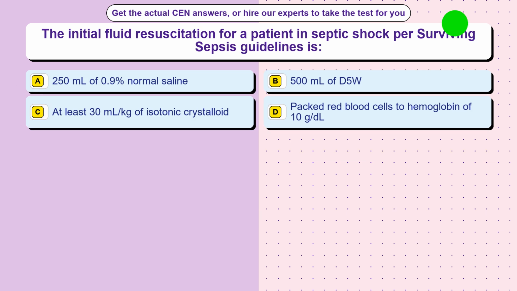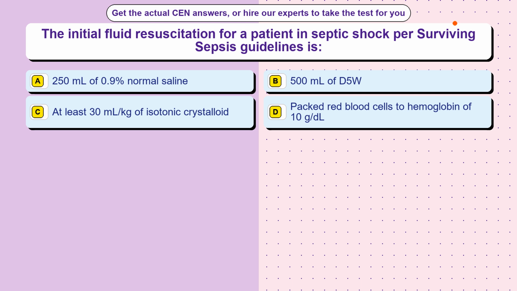Question 10. The initial fluid resuscitation for a patient in septic shock per Surviving Sepsis guidelines is Option A, 250 ml of 0.9% normal saline. Option B, 500 ml of D5W. Option C, at least 30 ml/kg of isotonic crystalloid.